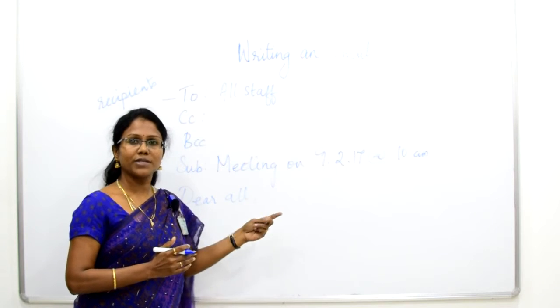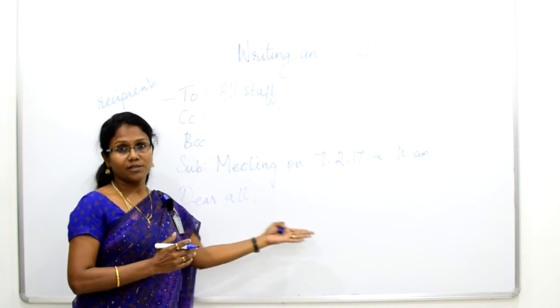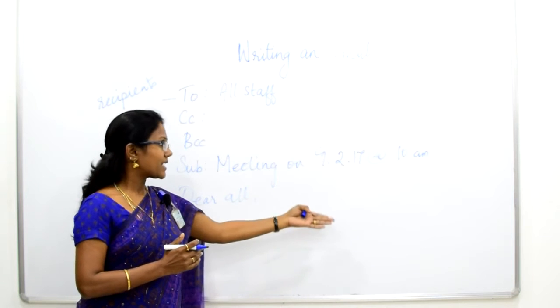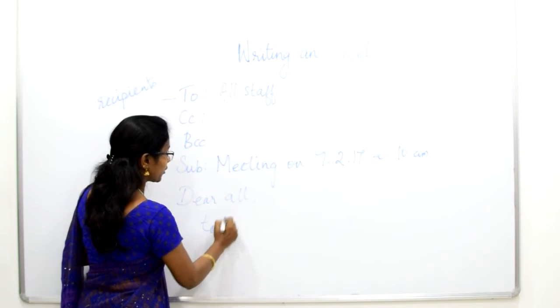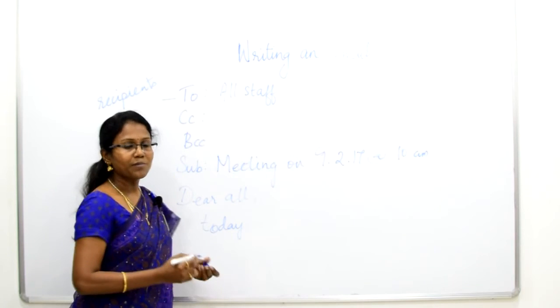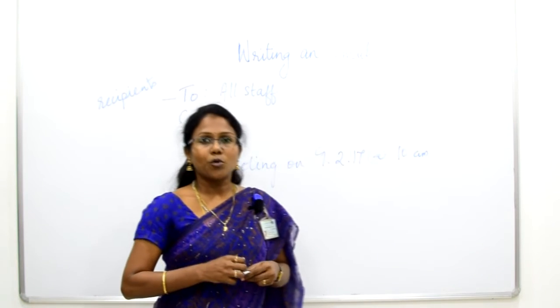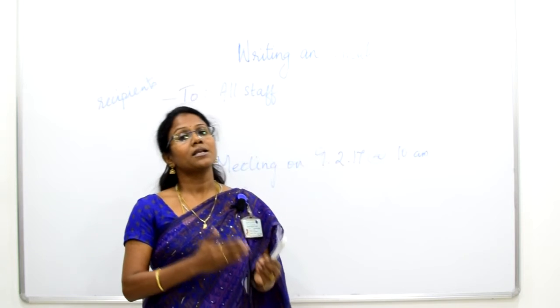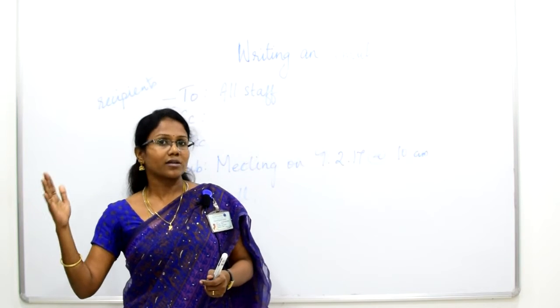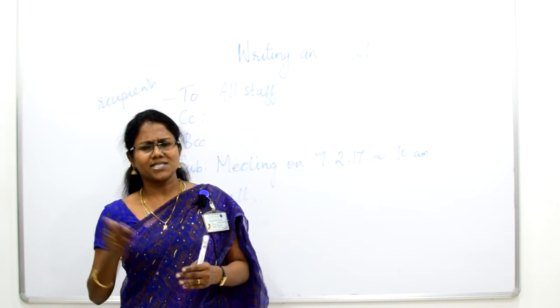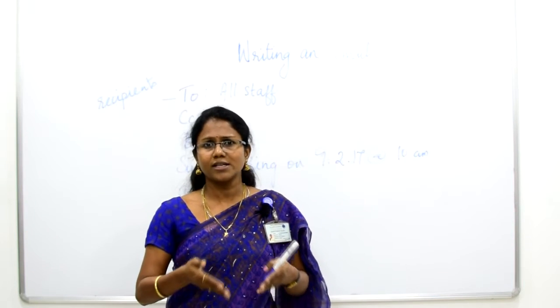About the meeting, you will give the details: where it is to be held, the venue is also important. Never use vague terms like today, tomorrow, or yesterday, because emails can be opened anytime. You might have sent the email in the middle of the night and the person would be opening it only the next day, morning or afternoon. In such cases, if you say today or tomorrow, I really do not know what you mean.